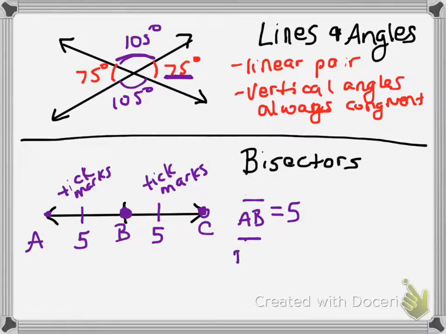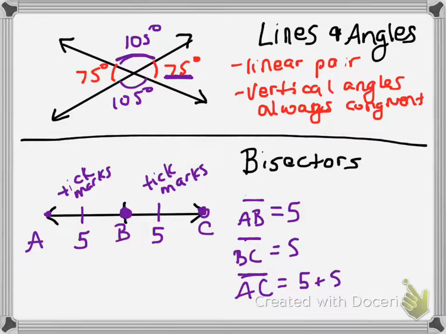Line segment BC is 5. So my question is, what is line segment AC? Well, it's 5 plus 5 because we're talking about two sections. We know from A to B is 5 and from B to C is 5, so from A to C has to be 10.